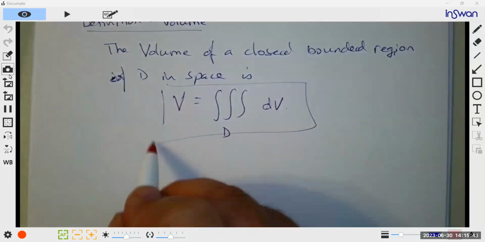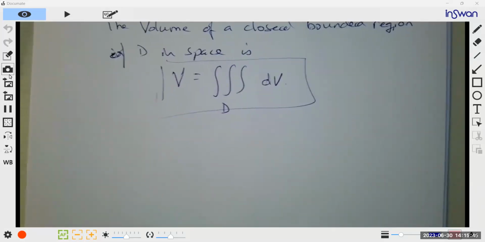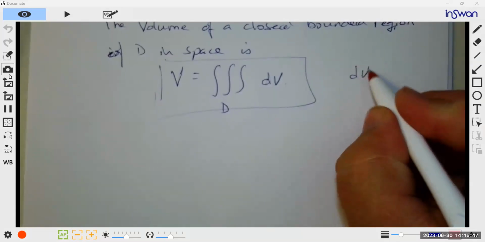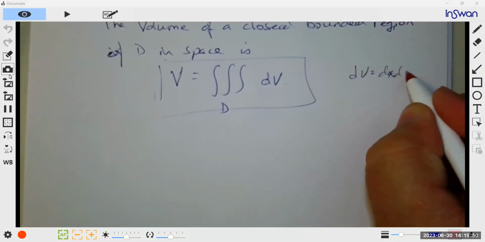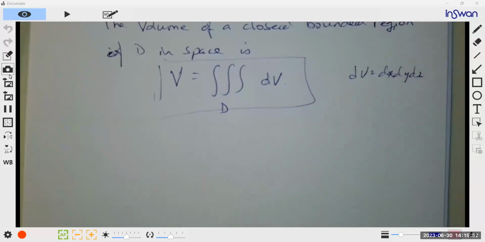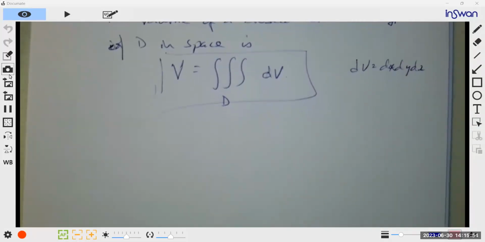Whenever we're asked to find volume, we will use that, where dv is dx, dy, dz, in any order we choose.